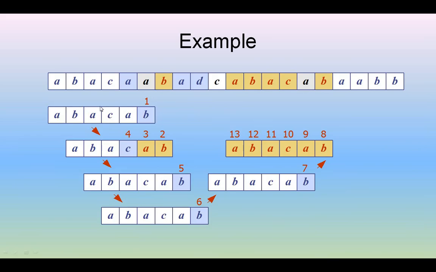Let us see this example. In this particular example, ABC, ACA, ABC like this is given. Here the first is the main string, and the substring is to be compared. Here at the first position itself the mismatch occurred, so you move a bit forward.